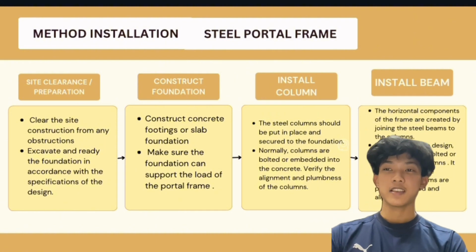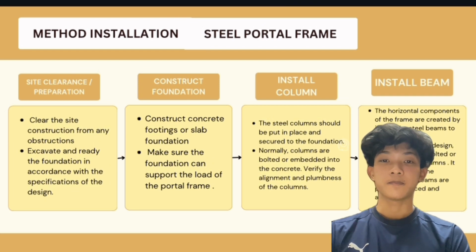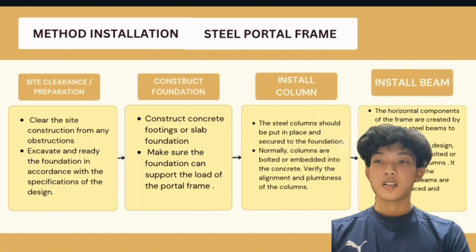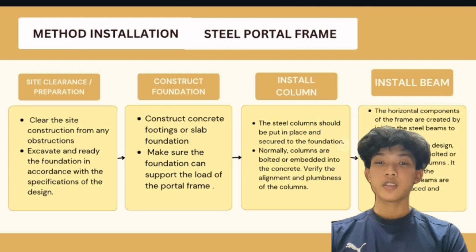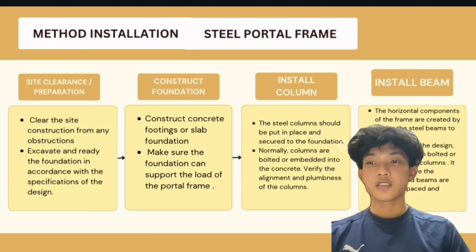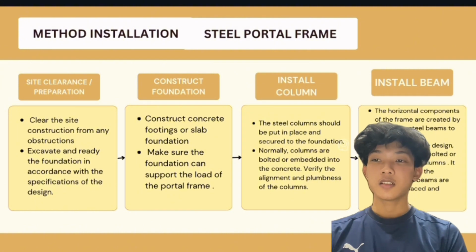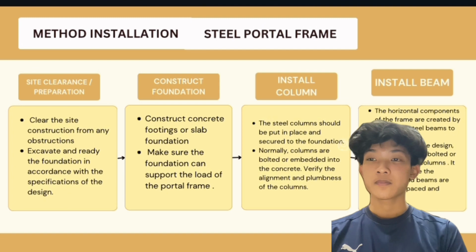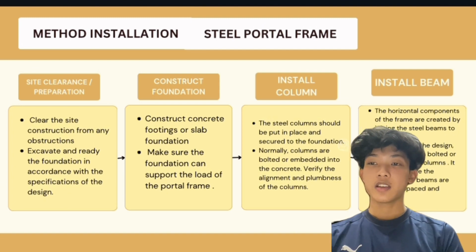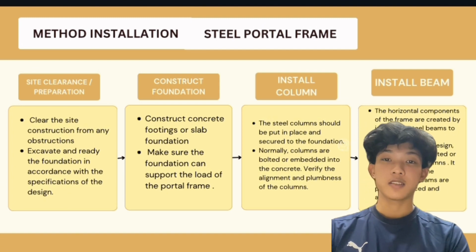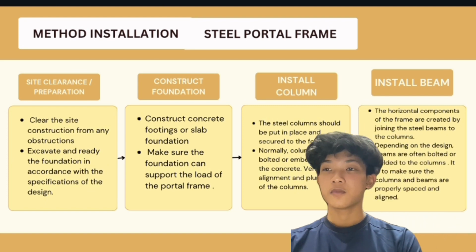The next step is to install the column. The steel column should be put in place and secured to the foundation. Normally, columns are bolted and embedded into the concrete to verify the alignment and plumbness of the column. Next, we install the beam.